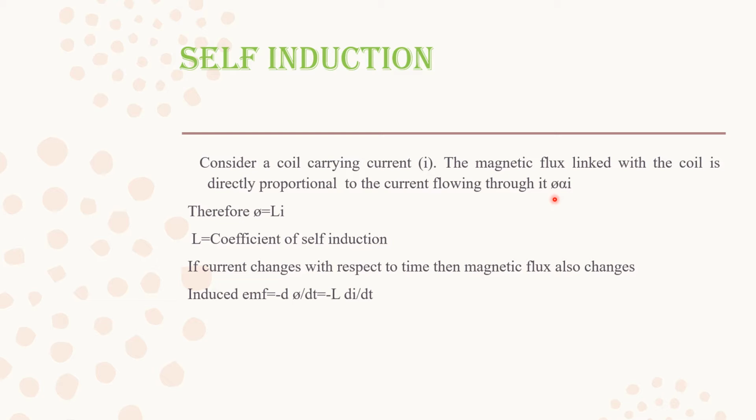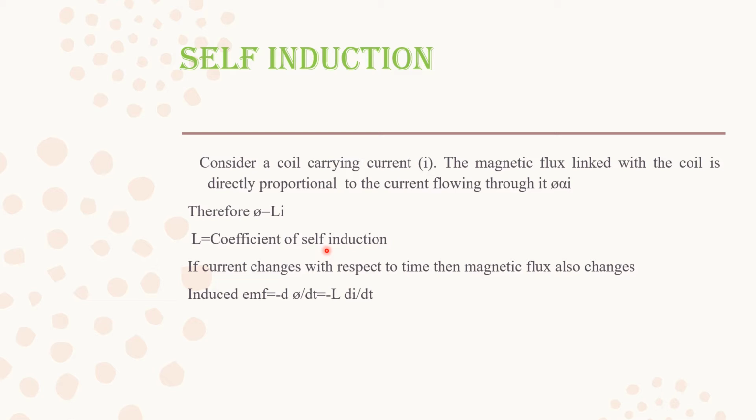So phi is directly proportional to I, meaning magnetic flux is directly proportional to the current flowing through the coil. When we remove the proportionality sign, we can introduce a constant, and this constant we introduced is L.